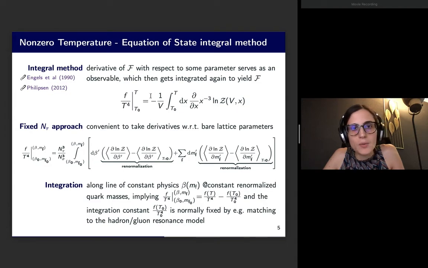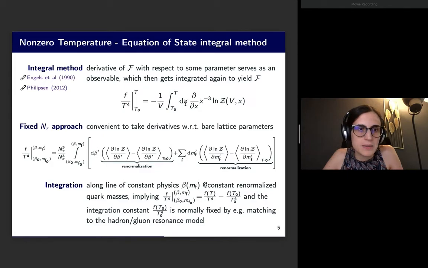So it basically works as in this equation that I have on the slide, where the x in the integrand on the right-hand side is basically the temperature that then gets integrated from T0 to T.